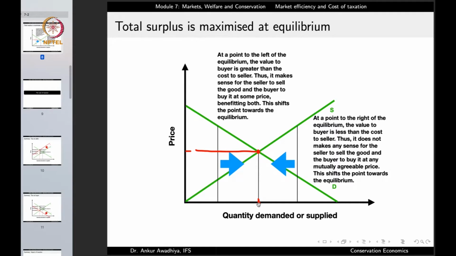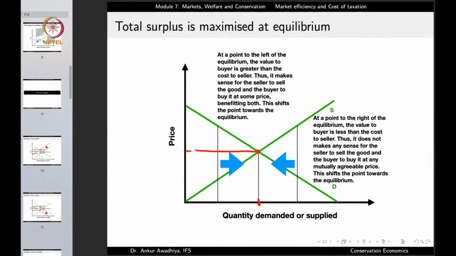Now, the question is, is this the point where the total surplus is maximized or not? To prove that, let us look at points to the right and to the left of the equilibrium. Now, if we consider, say, a point here, this is our equilibrium quantity.